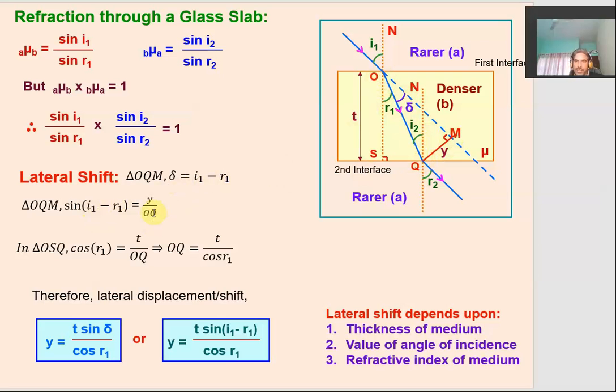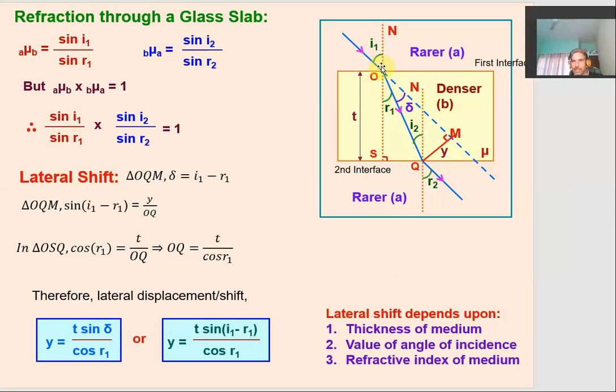Now we have to find the value of this OQ in this expression, and then we can write the expression for the lateral shift or lateral displacement Y. In some books it is written as small d, so that makes no difference, only a change of notation. Okay, so to find OQ, we use this triangle OSQ.